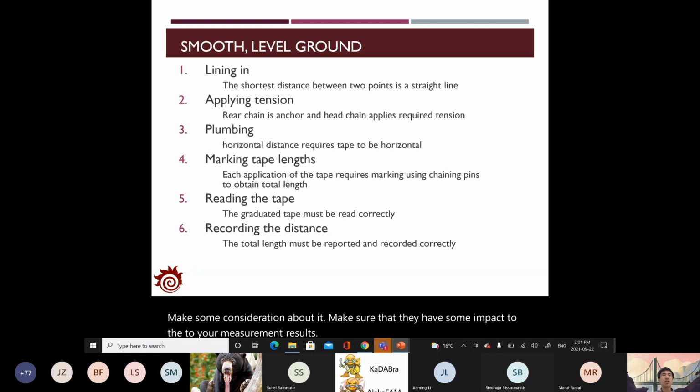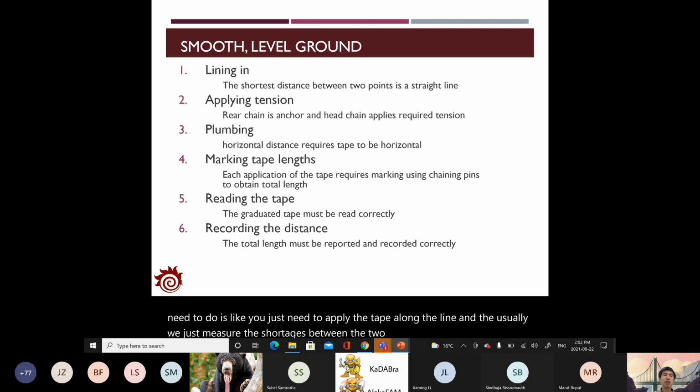The next thing we're going to learn is distance measurement on level ground, which is the simplest scenario. If you want to measure a straight line on smooth level ground, you just need to apply the tape along the line, and usually we measure the shortest distance between the two points.